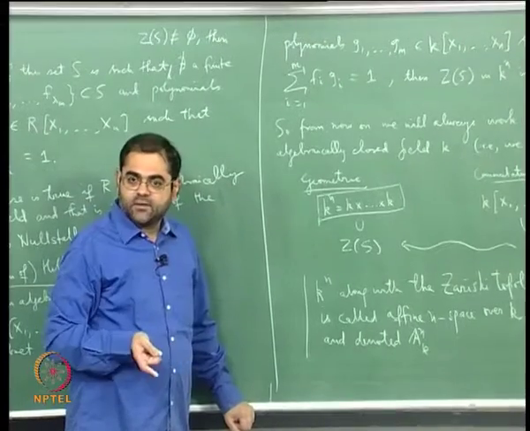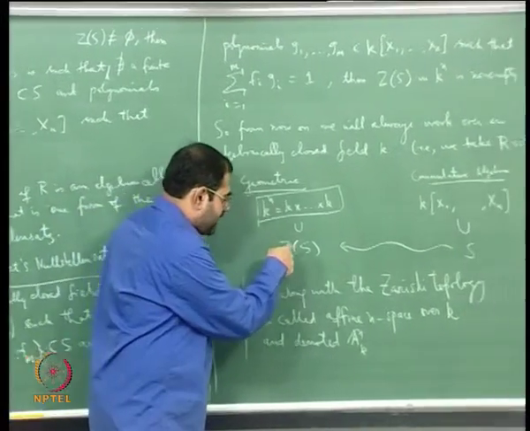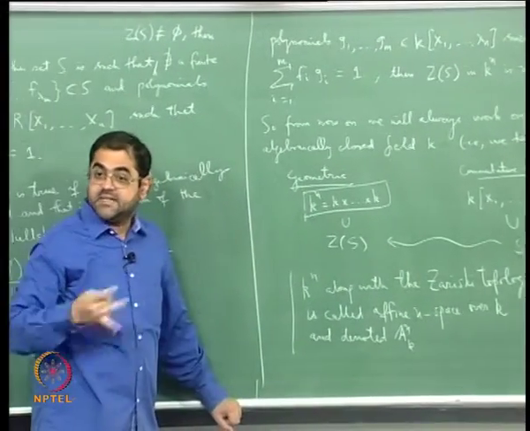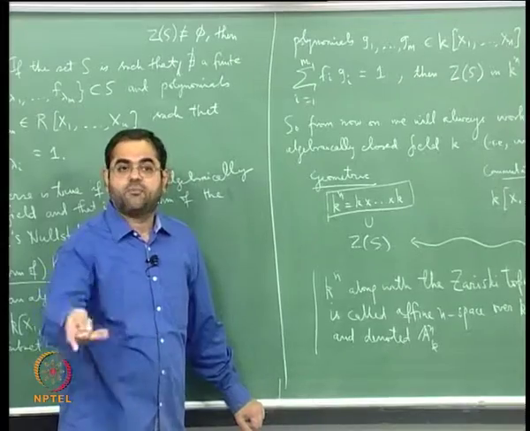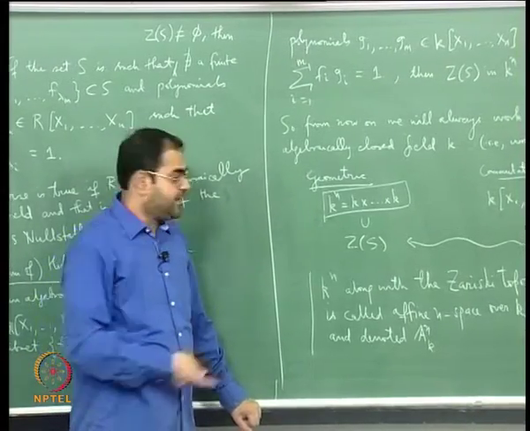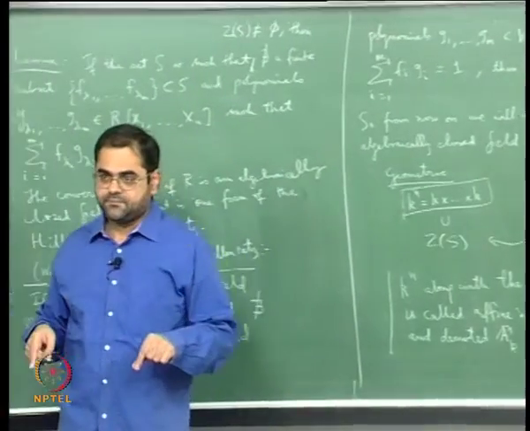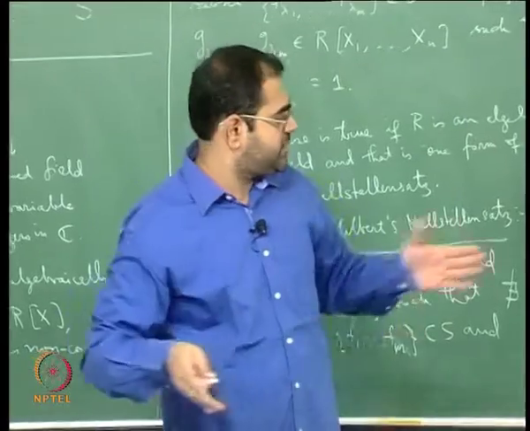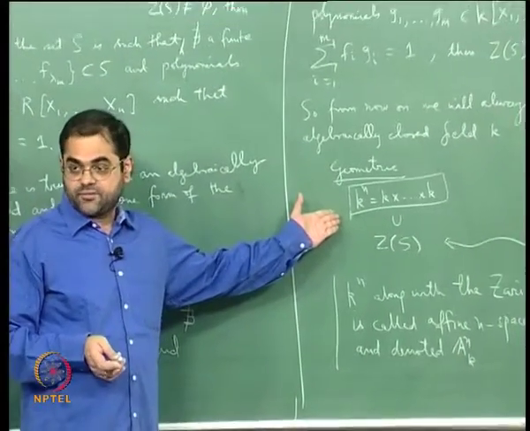So the moral of the story is that if you declare subsets of Kn of this form, common zero loci of a bunch of polynomials, to be closed sets, then you get the Zariski topology. That makes Kn into a space with the Zariski topology.